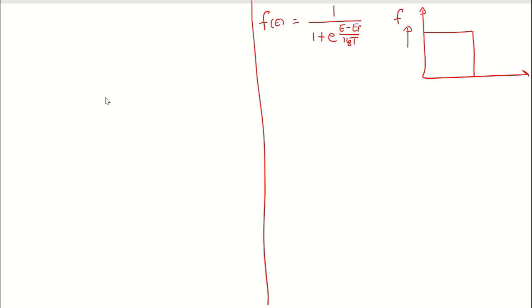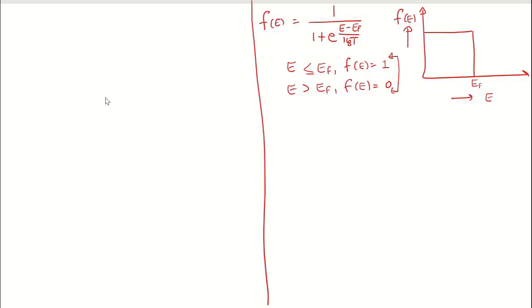This is f of E, and along the x direction it is the energy E, and this is the energy value EF. For energy E less than or equal to EF, the value of f(E) is equal to unity, and for energy E greater than EF, f of E is equal to 0. So this is the property of this probability distribution function. We will make use of this fact here.